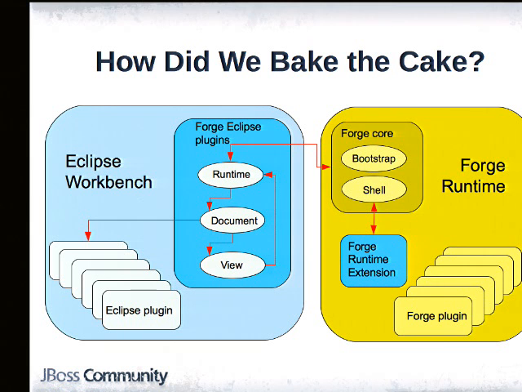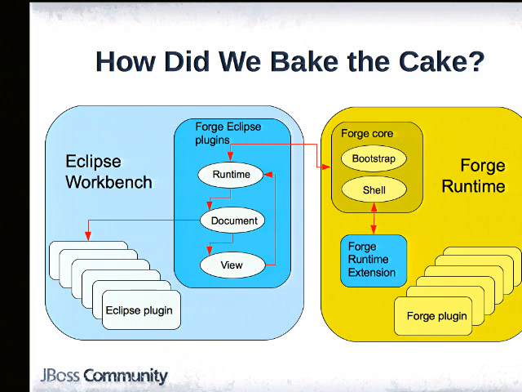Now, how is this done? Forge is just a Java program. It uses JBoss modules under the hood to provide a platform for Forge plugins. On the one side, we have the Forge runtime, which is a separate Java program, and on the other hand, we have our Eclipse Workbench.